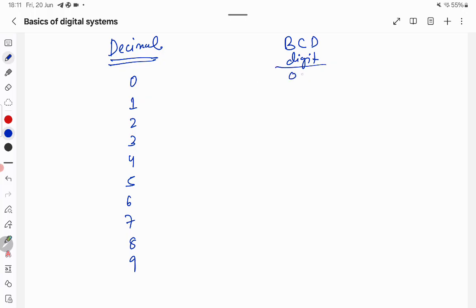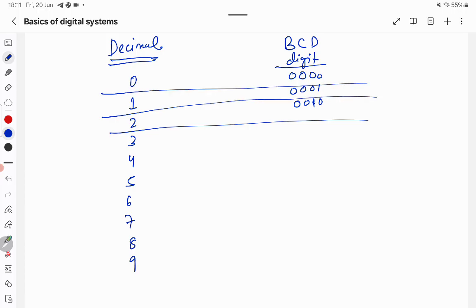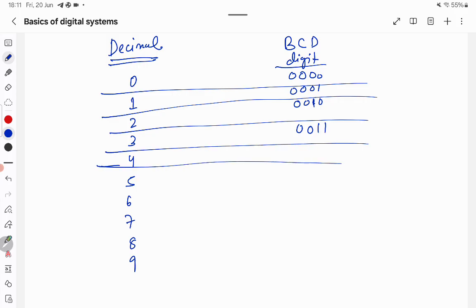So what will be the BCD digit? 0 can be written as 0 0 0 0. Then this one will be 0 0 0 1. This one will be 0 0 1 0. Third one will be 0 0 1 1. Fourth one will be 0 1 0 0. Fifth one will be 0 1 0 1.